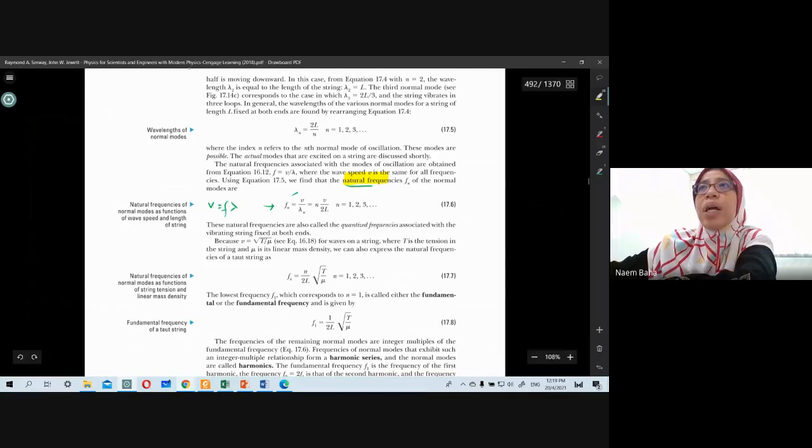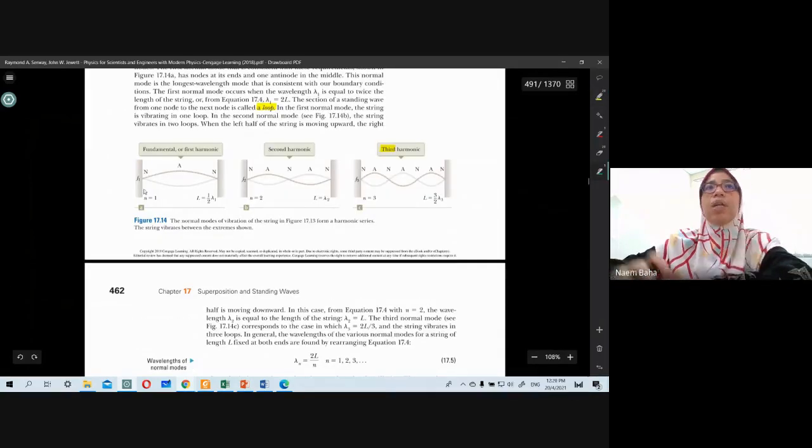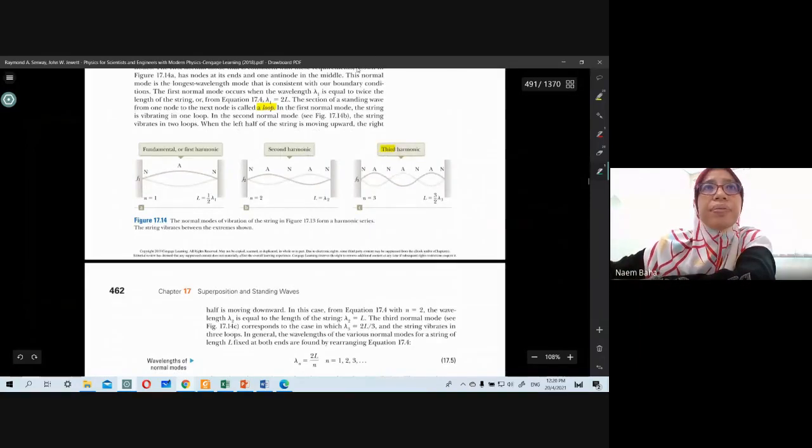Now, have a look at the single loop just now. If we complete it, the length just now exhibits only half a lambda. Understand? The length exhibits half a lambda.